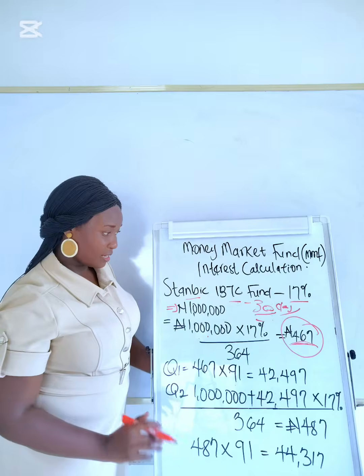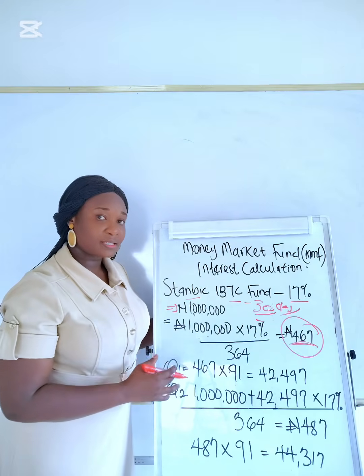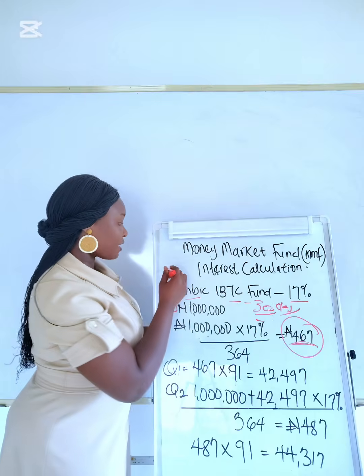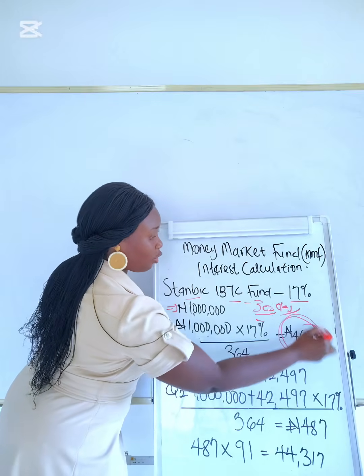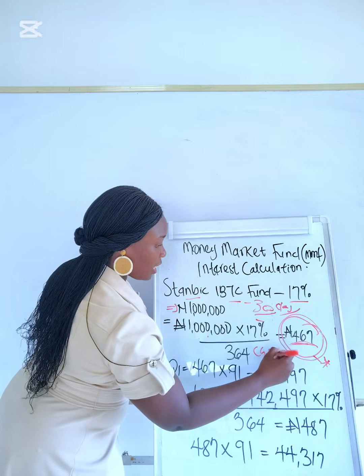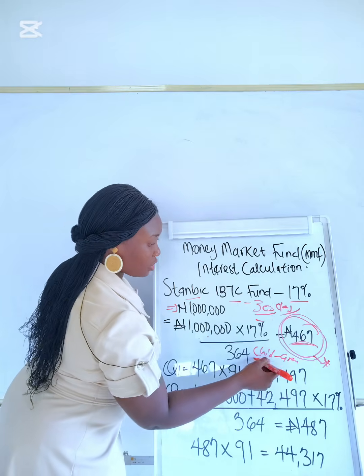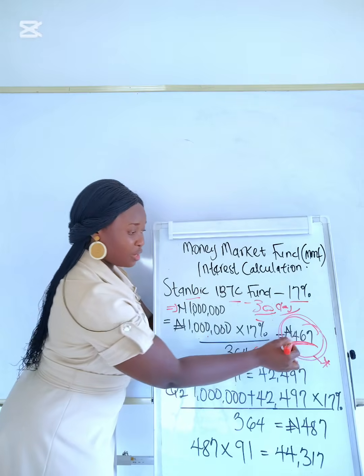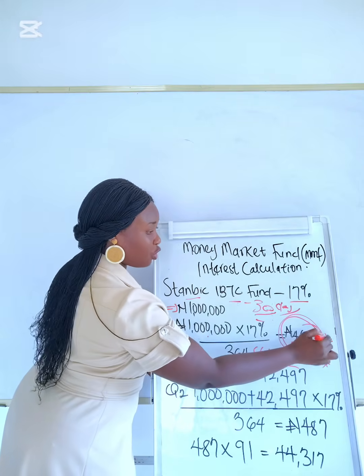Now, having said that, money market fund is a type that compounds. By compounding, I mean that whatever interest you get can also make another interest for you. So it's like having a child and also having a grandchild. It doesn't stop at having children, you also have grandchildren. This little child you have is also going to give birth to other children.